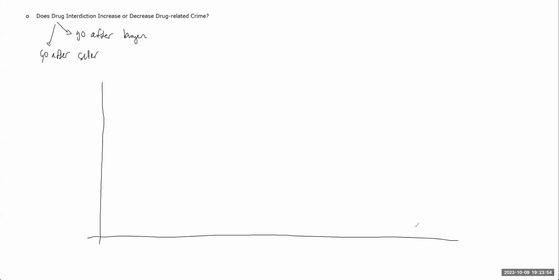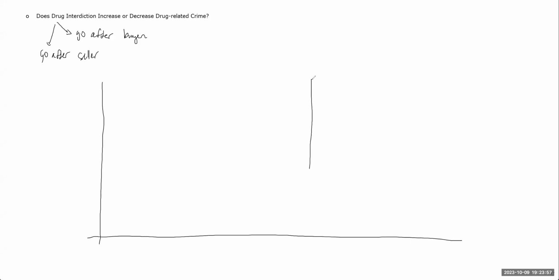Or two, go after buyers: go to the schools, educate the students, hire Kim Kardashian, Tom Brady and Brad Pitt to walk around school and say, don't do drugs. And then no one does drugs. Let's study what happens if you go after one versus the other.